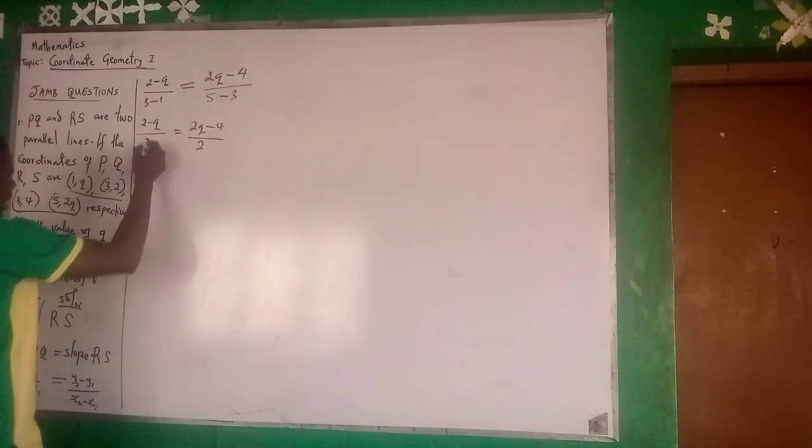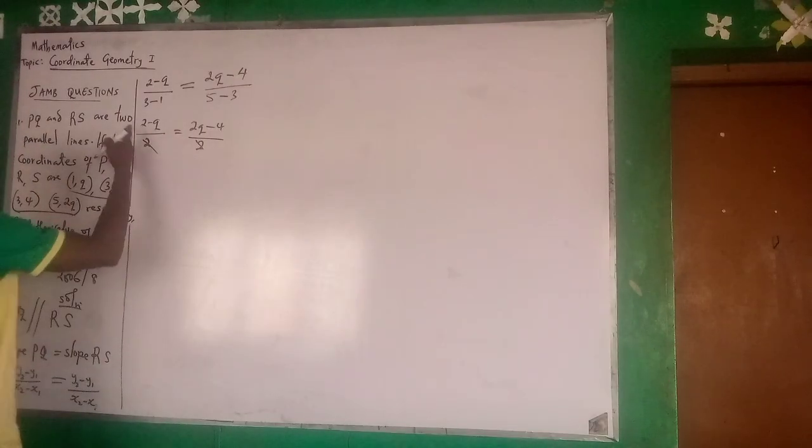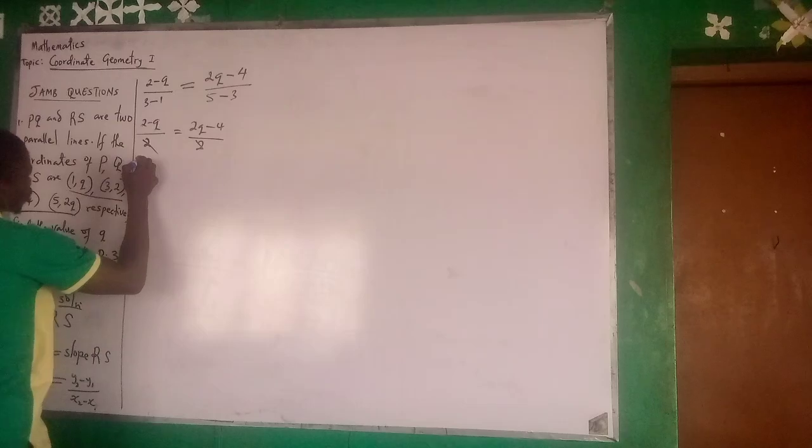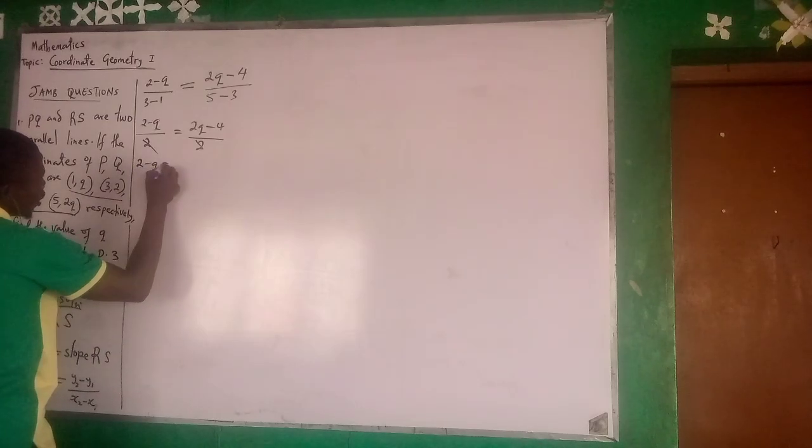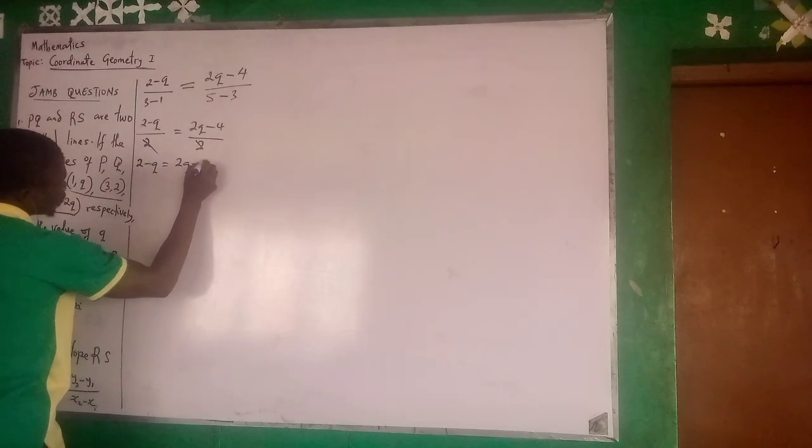Then mathematically you can cancel out. It's correct, right? Equate the numerators now. So 2 minus q equals 2q minus 4.